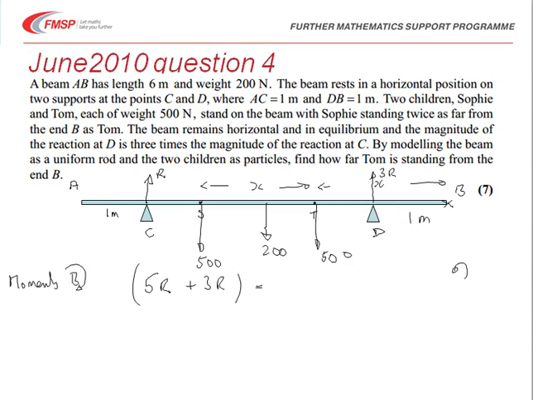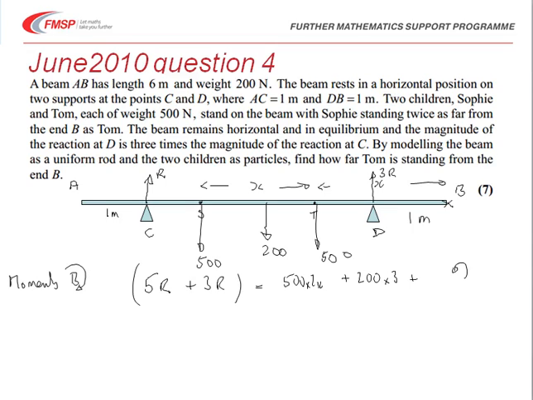So taking Sophie first of all, that is 500 multiplied by 2x. We've then got the mass of the beam, and so its weight 200 multiplied by the distance of that from B. Well, it's a uniform beam of length 6 meters, so the distance of the center of mass is 3 meters.